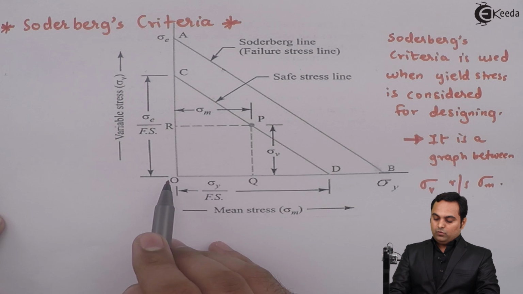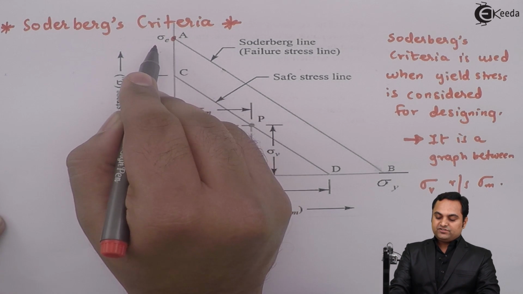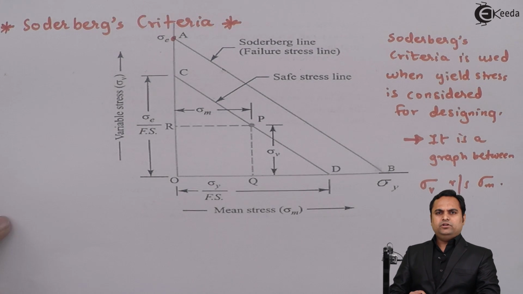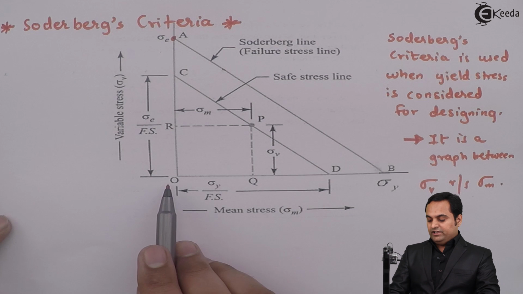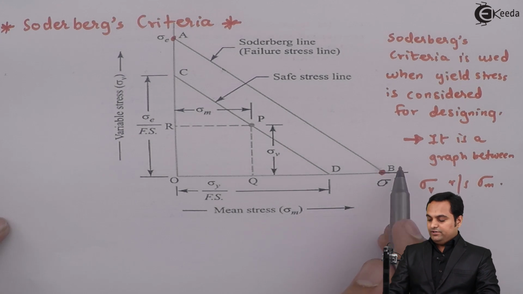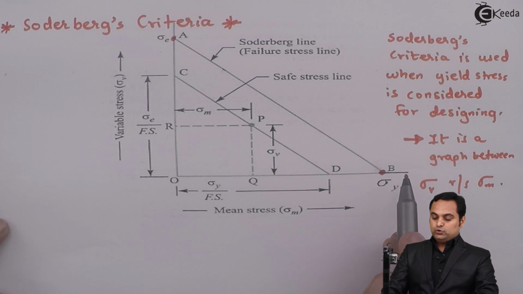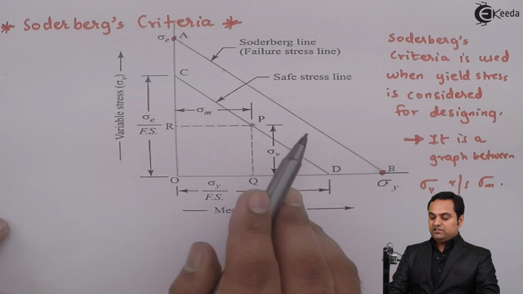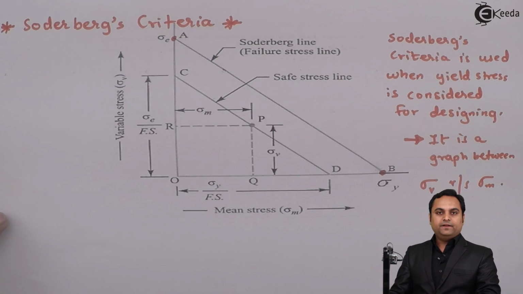On y-axis we have the highest point A at which the stress is sigma E, called as the endurance stress. Next on x-axis we have maximum distance at point B, and here the value of stress is sigma y, called as yield stress. So joining A to B will give us a line called as Soderberg line, or it is also called as failure stress line.